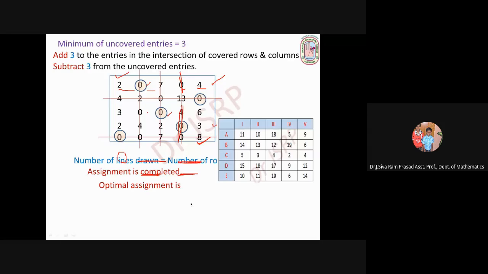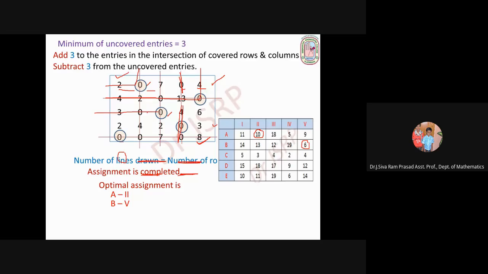Okay. So optimal assignment is, so this is the original table. Here circle A to 2. You see that is this cell. So A is assigned to 2. Next, B is assigned to 5.